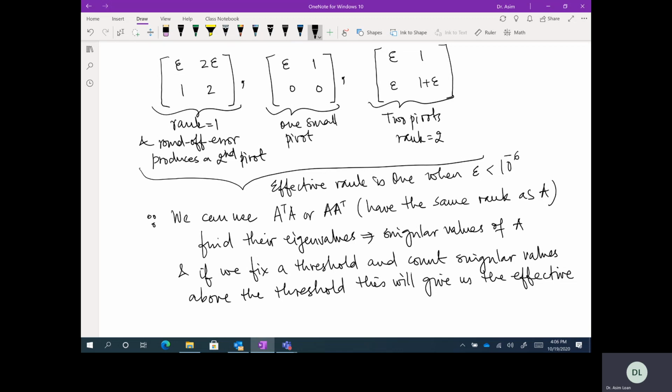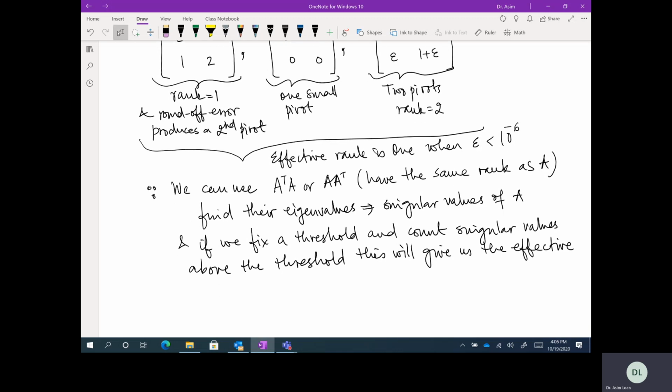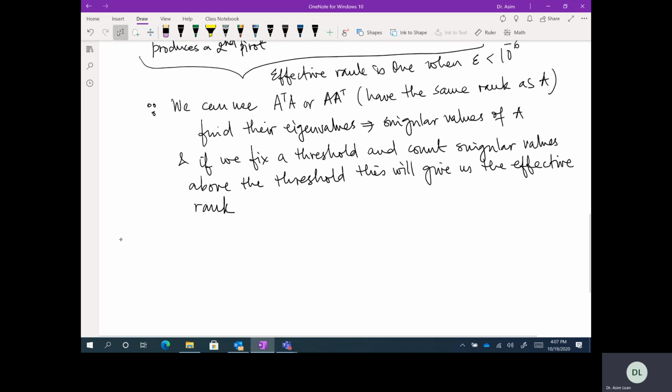And if you recall, the number of singular values is up to R, where R is the rank. So if we threshold the singular values, which are listed in order of decreasing magnitude, this will give us the effective rank. Okay.